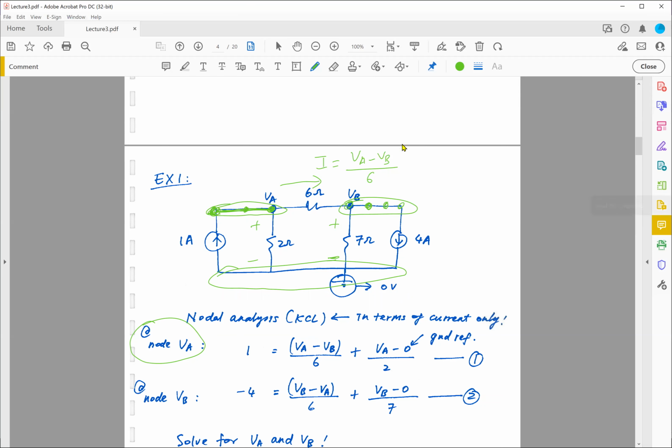So it's V over R. It's not just VA divided by 6, it's not just VB divided by 6, but it's the difference, looking at the potential difference here. So that's my first term over here. Again, this term accounts for the current flowing from left to right. This is the current assumed to be flowing out of the node.